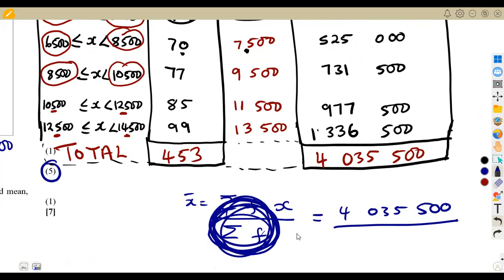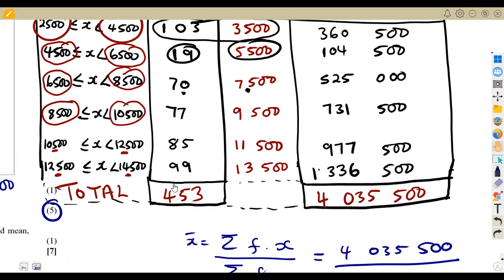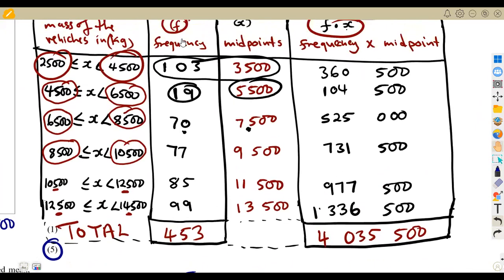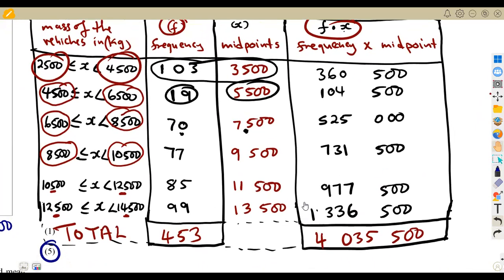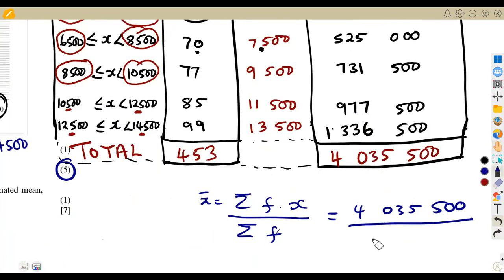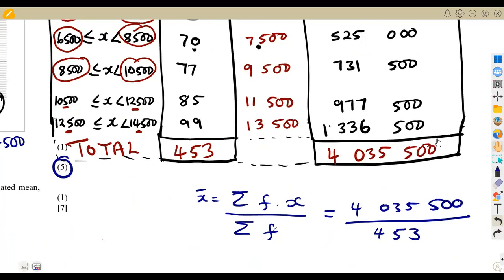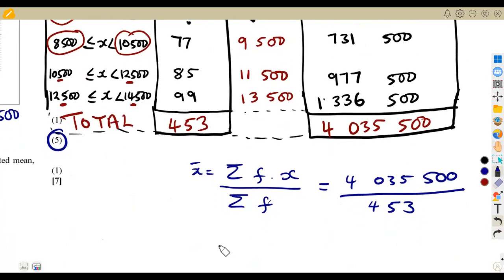The summation means total. Remember, this was our frequency F. So the total we got is 453. So we are going to divide by 453. All right, so that is going to give us the mean of the given information.